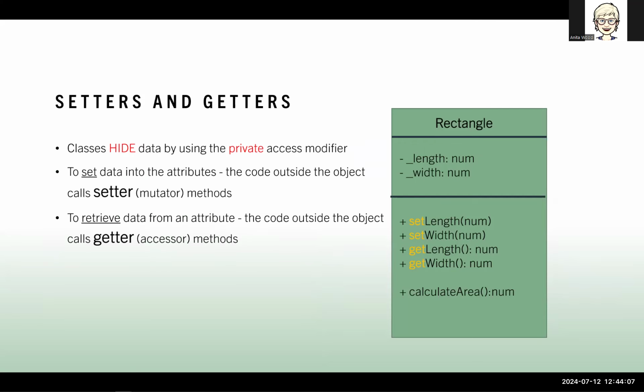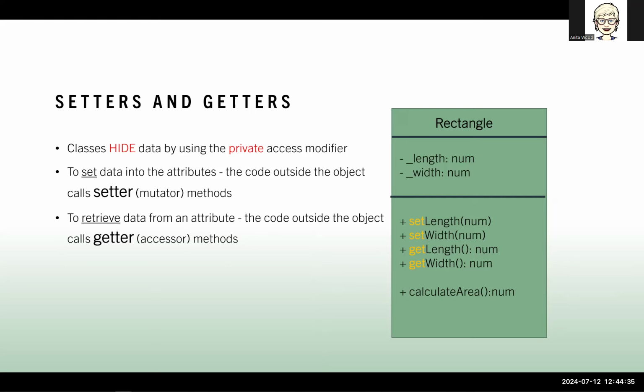Notice the UML diagram. There are 4 more methods listed. 2 start with set and 2 start with get. These 4 methods are needed because we've hidden the data or attributes of the class from the outside world. When I'm saying outside world, what I mean is any code outside of this class, like the code in the main method.